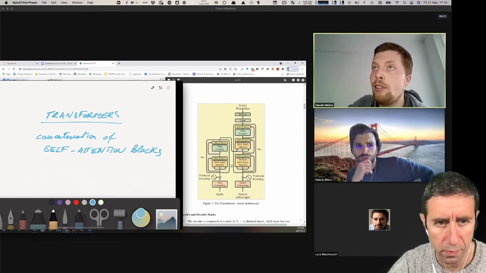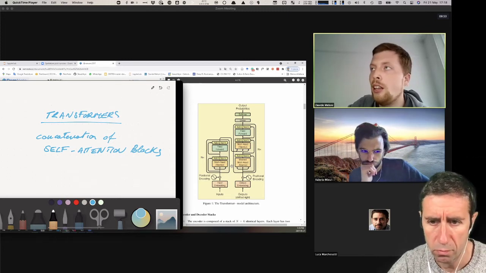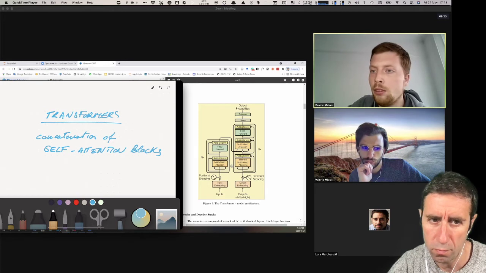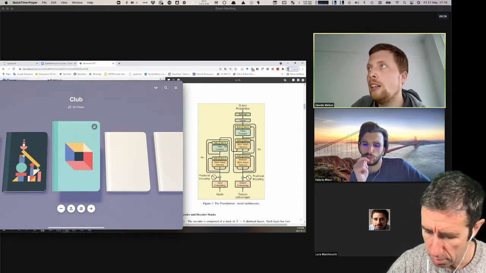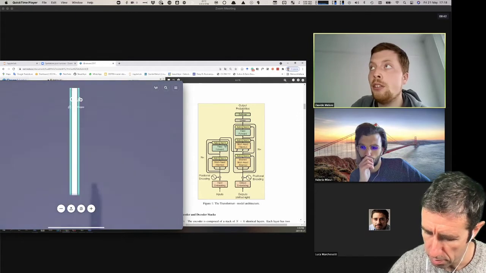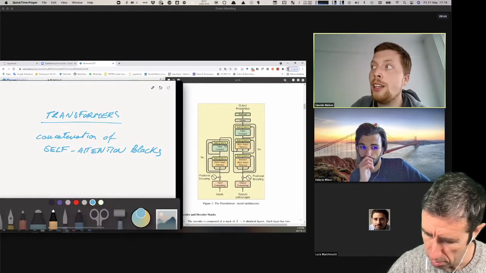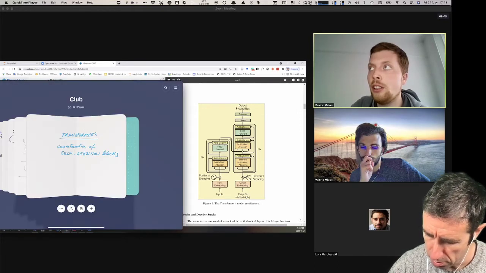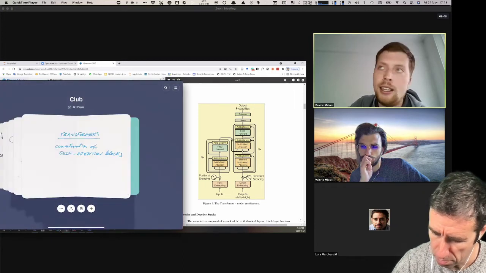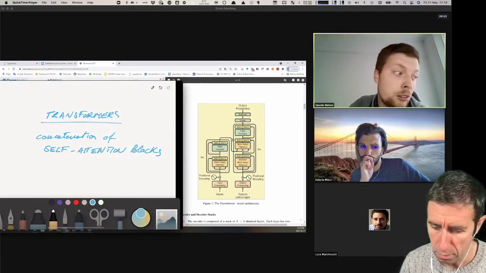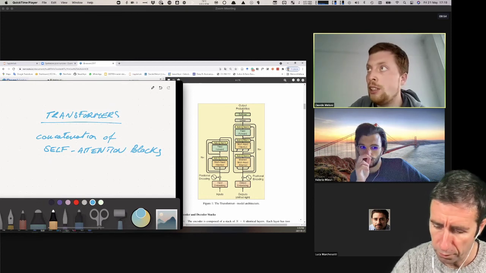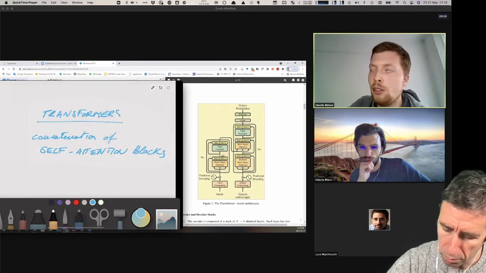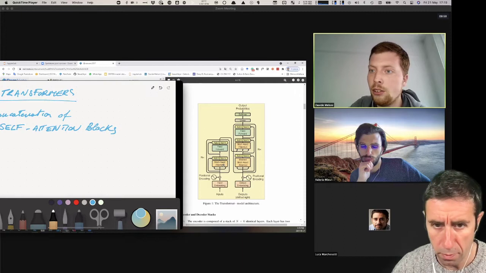This is not the final architecture that we are using right now for the current SOTA models in NLP. There have been significant modifications in this architecture. Basically, the new language models that they are using right now, like BERT, like GPT-3, are using just the encoder part of this architecture.